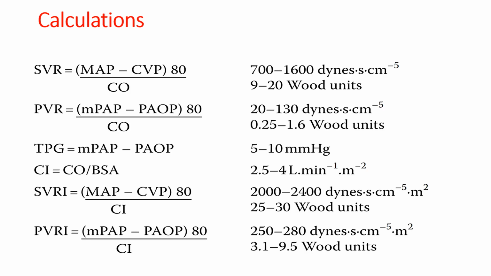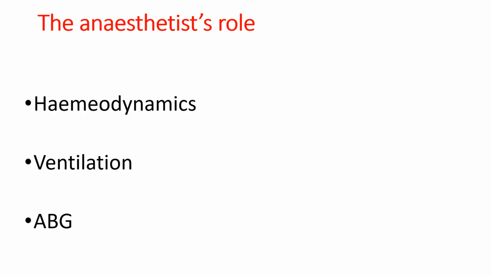These are the calculations usually used in the cardiac catheter after getting the pressure measurements to decide the situation of the patient. I believe myself that the good pediatric cardiac anesthetist, who is the one who has a good understanding of the cardiac lesions, is on the same page with the cardiology team and with the surgical team.